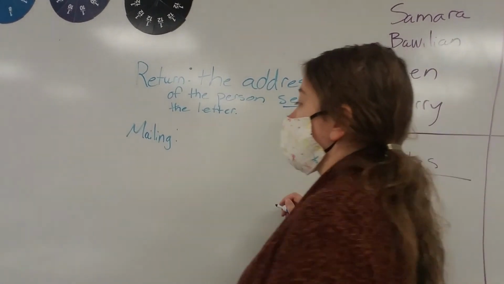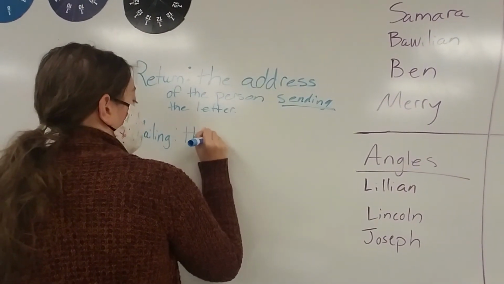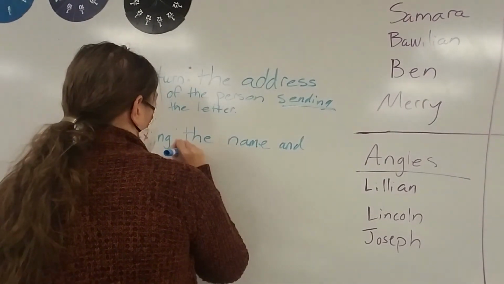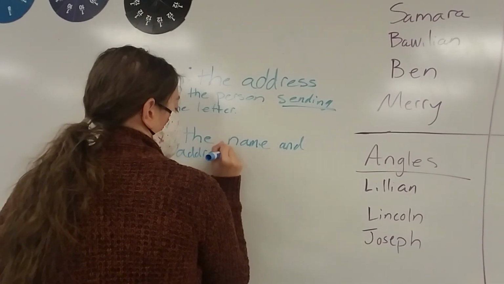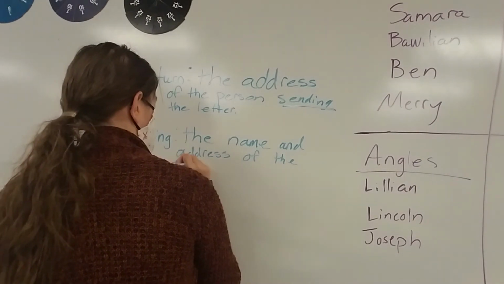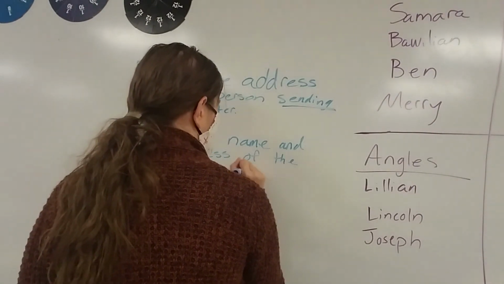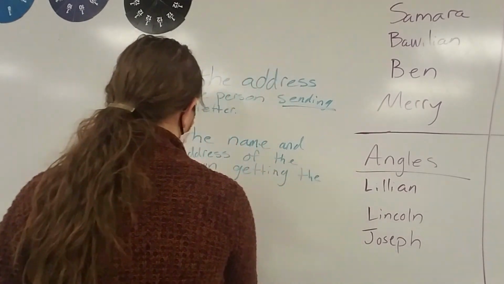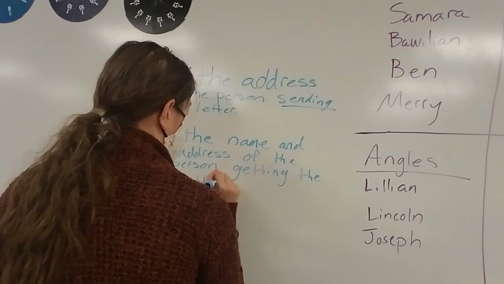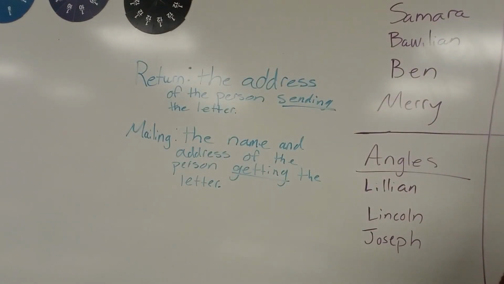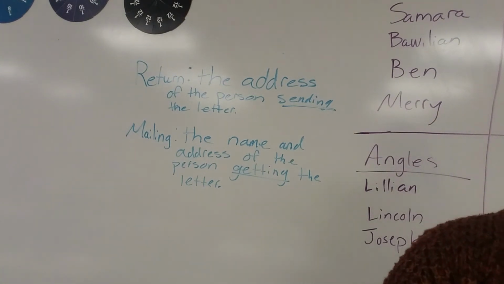All right, for mailing, this is the name and address of the person getting the letter. And I want you to underline the word getting. The name and address of the person getting the letter. That is mailing.